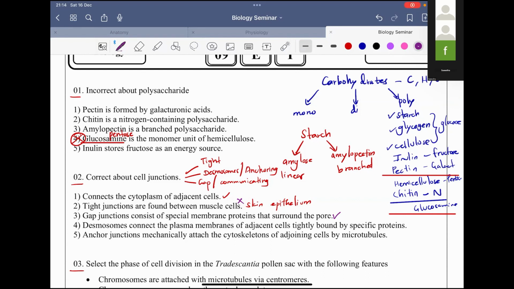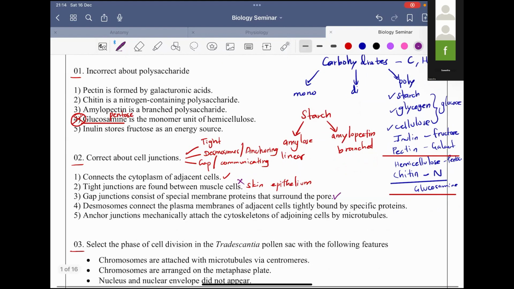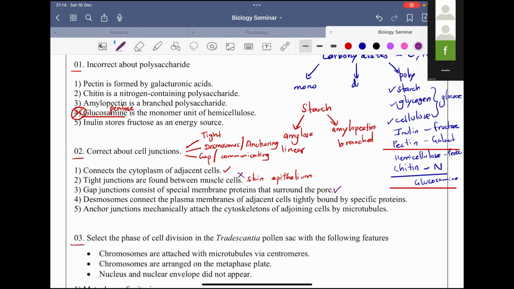Next: desmosomes connect the plasma membranes of adjacent cells, tightly bound by specific proteins. This is false, right? Why? Because desmosomes mechanically attach the cytoskeleton of the adjoining cells by intermediate filaments.